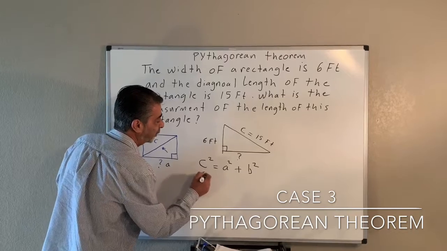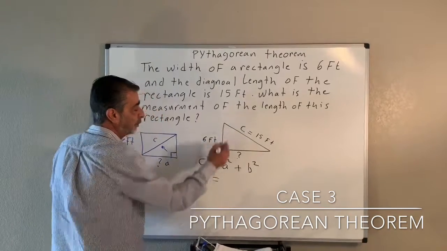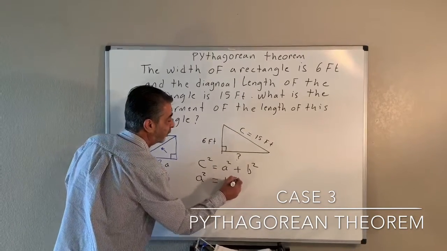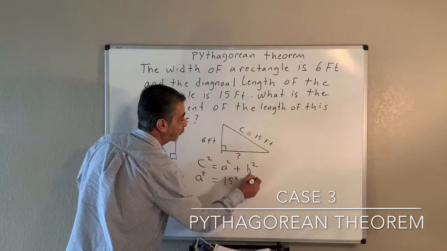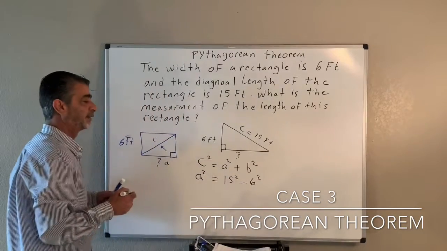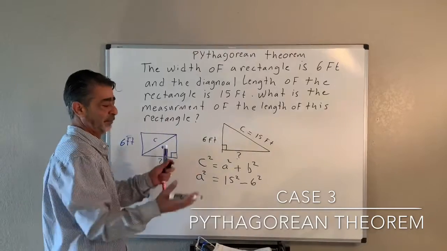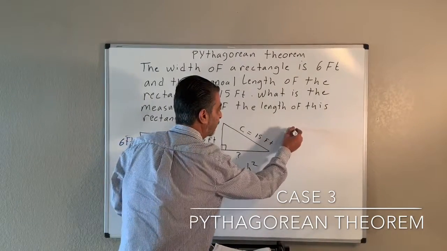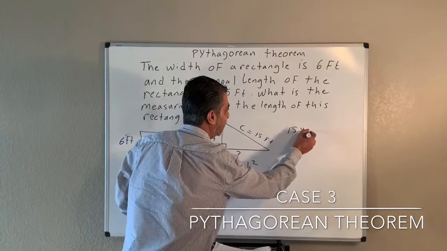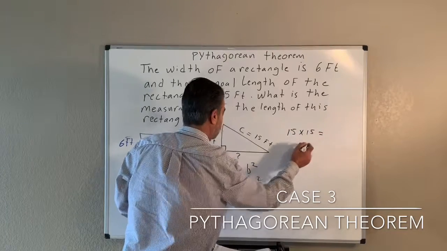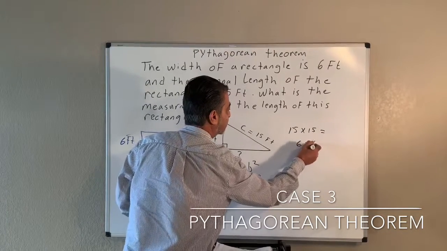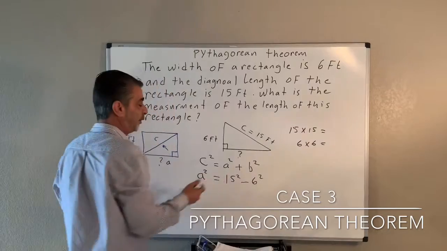A squared equals the long side, which is 15 squared, minus 6 squared. Like I said, we don't need a fancy calculator. You can do that yourself. 15 times 15 and 6 times 6, and you can find those.